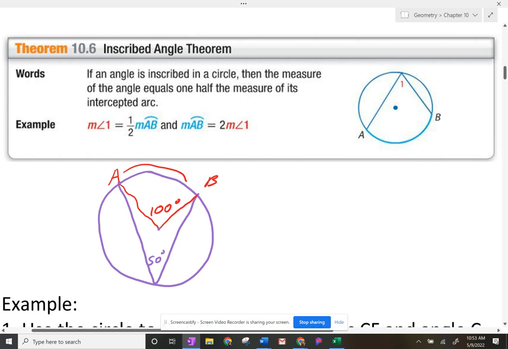Okay, and that's what this says. If you're trying to find angle 1, you can use that angle right here, divided by 2 to figure out the opposite side. If they give you the opposite side of this angle, you can multiply that by 2 to figure out the central angle.